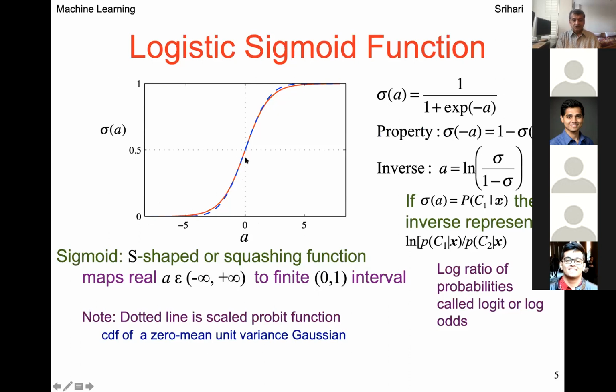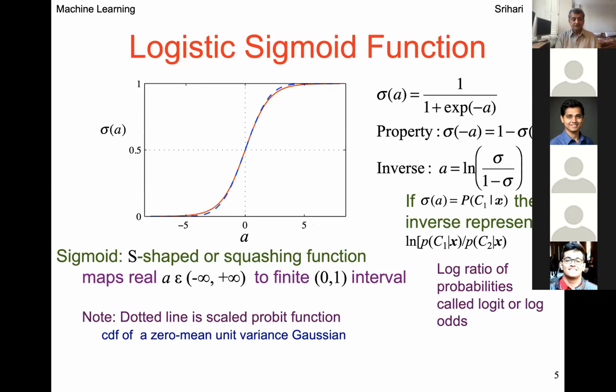At 0, it has value 0.5. And as it goes to minus 5 or plus 5, it becomes 0 or 1. It's referred to as an S-shaped or squashing function. It's squashing in that whatever input A you give, whether a very large negative number or a very large positive number, it squashes it into a value between 0 and 1. Largely it goes to 1 or 0, and somewhere in between it has an S-shape.